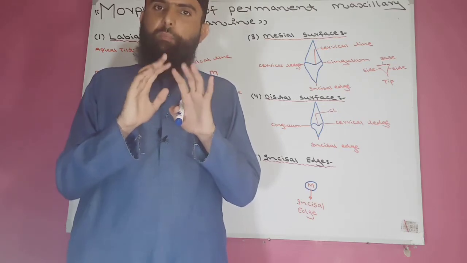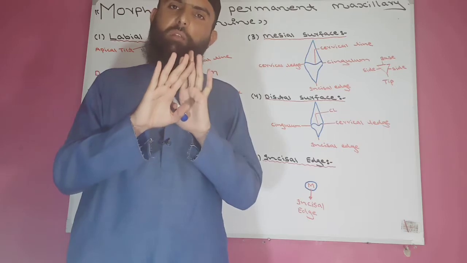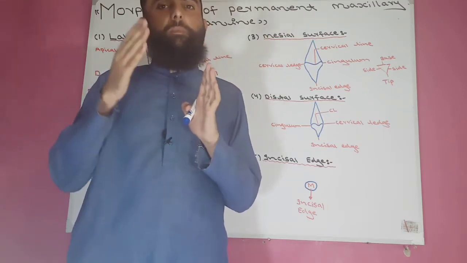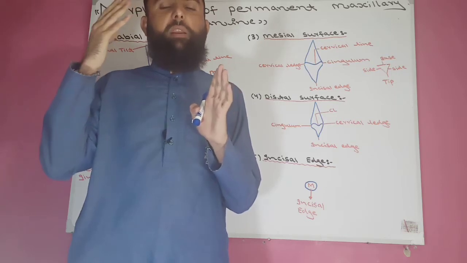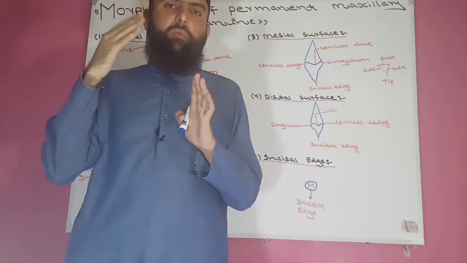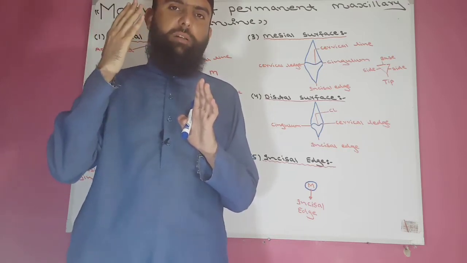Now, posterior teeth have 5 surfaces and no incisal edge. The first surface of posterior teeth, meaning premolars and molars, is the buccal surface, which is toward the cheek, and the second is the palatal surface, toward the palate.